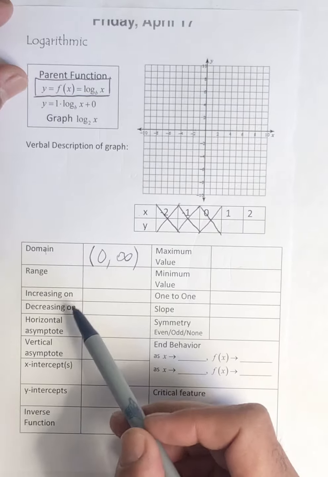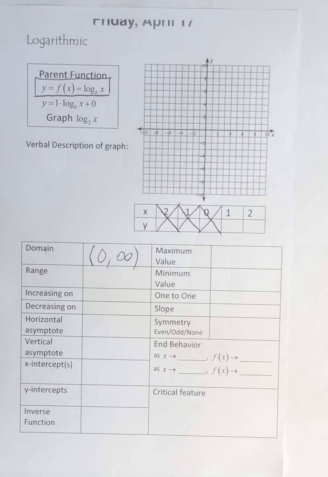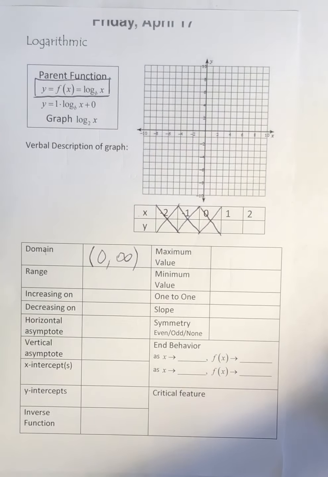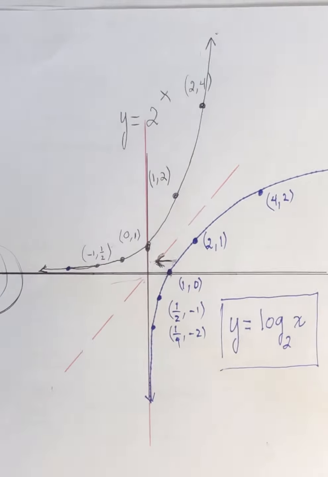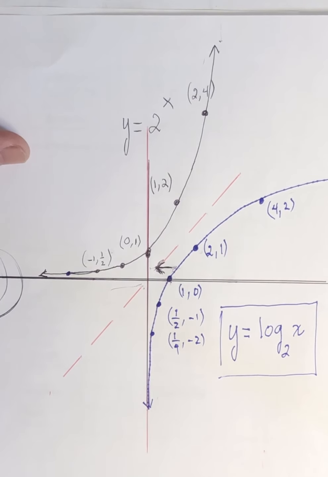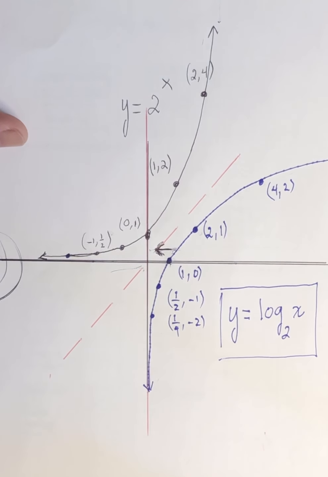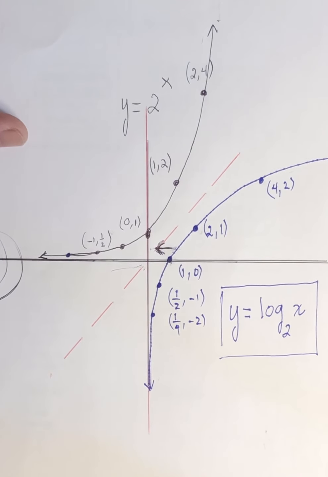The range of a logarithmic function, as we just said a minute ago, is the set of all real numbers. In other words, the curve covers all of the y-axis. So here's actually a better curve that I drew the first time before I recorded myself.